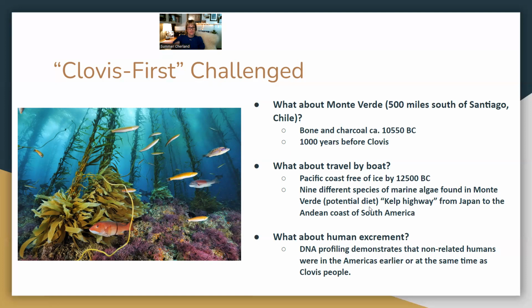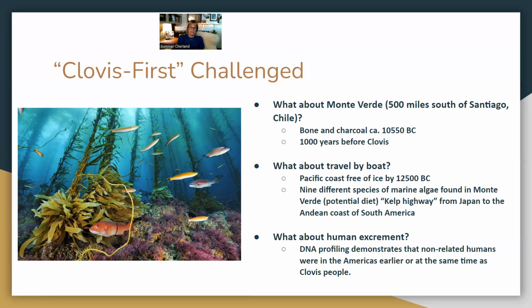And then this is the last one that comes up, and this becomes more and more relevant as the 20th century comes to an end. What about human excrement? One of the ways that scientists were able to start testing the theories of the Clovis first was that they were testing materials left behind, including human waste, believe it or not.